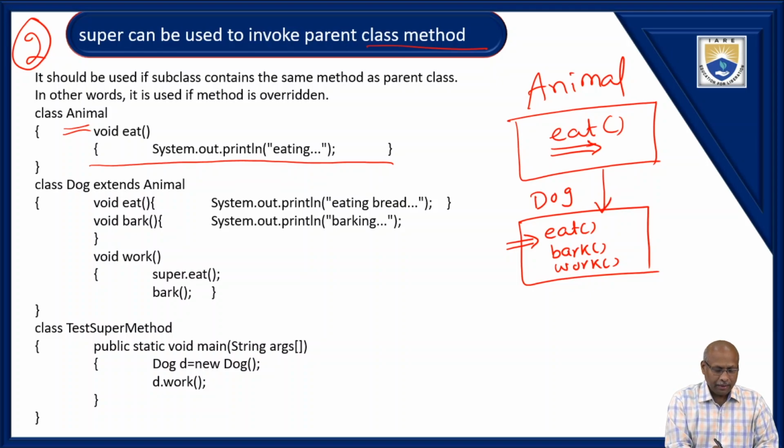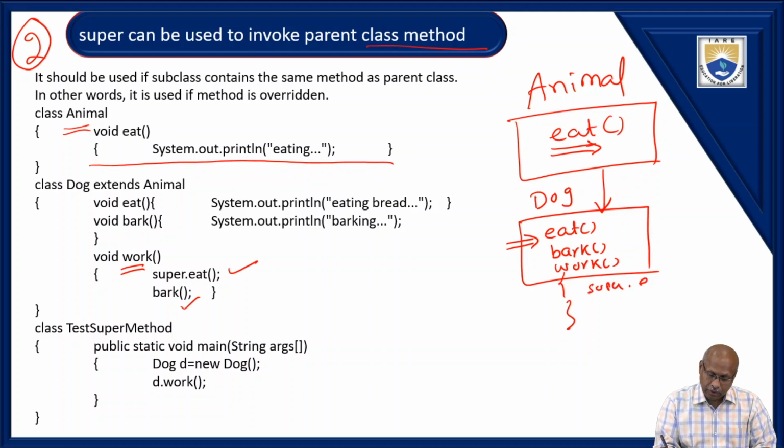For example, in work, I want to refer to eat as well as bark. When I call super.eat, it goes to the superclass of Dog. The superclass of Dog is Animal. But bark is not there in my parent.